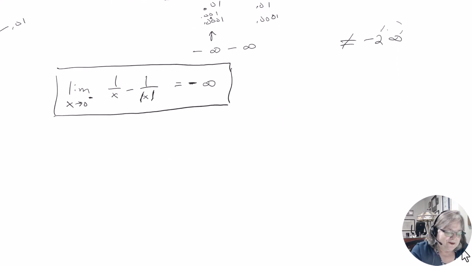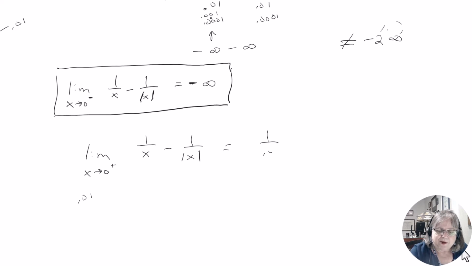And then let's go the limit as x approaches 0 from the right of that 1 over x minus 1 over the absolute value of x. Okay, so that would be something like 0.01. So this would be 1 over 0.01 minus 1 over the absolute value of 0.01.